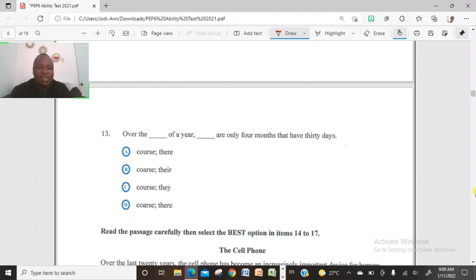Course in this sense has nothing to do with texture, so we can eliminate D and B, because that course has to deal with texture. So let us look at the second part. Over the course of the year, dash there are only. So we're not showing any ownership here. So the option there for 13 is A.